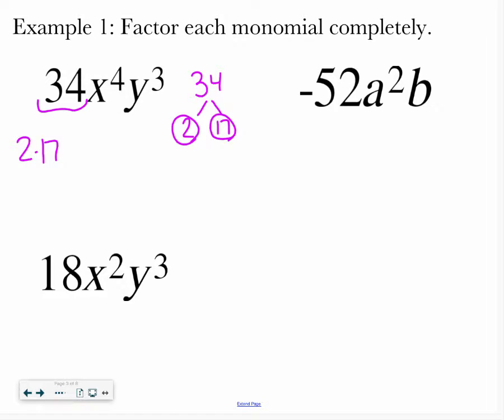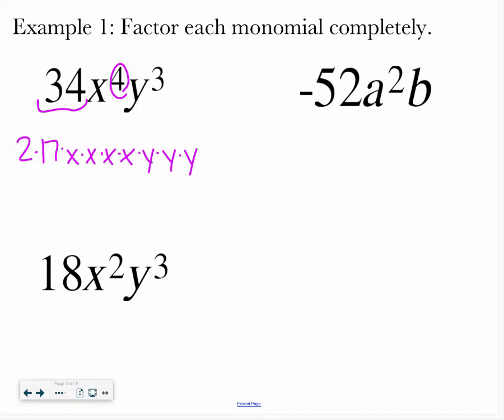And then I break up my variables. So I would write it, I have 4 x's, and I have 3 y's, and this would be my factored form, okay?